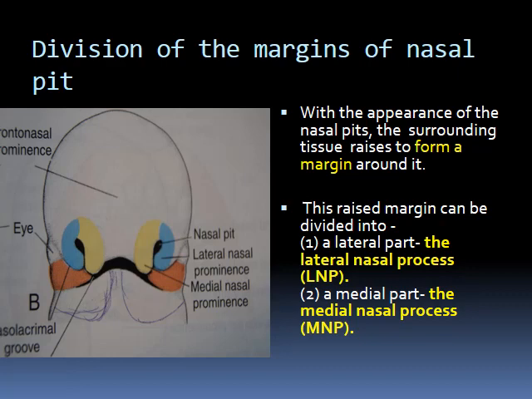Hope you will remember the medial and lateral nasal process. The blue one is representing the lateral nasal process and the yellow one is representing the medial nasal process. The orange color area is representing the maxillary process, which forms the lateral boundary of the stomodeum, and the white margin below the stomodeum is representing the mandibular process.